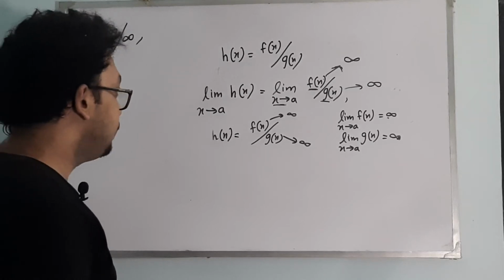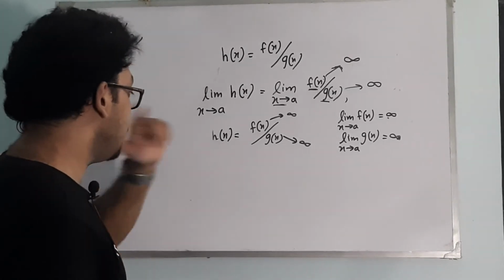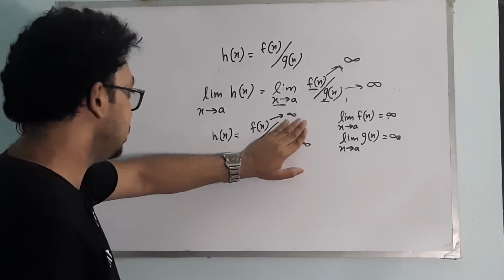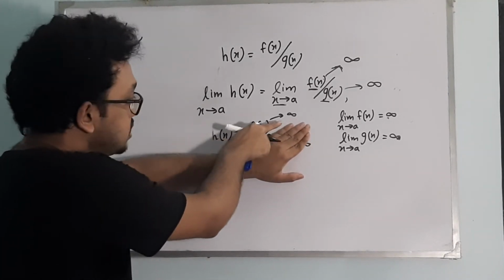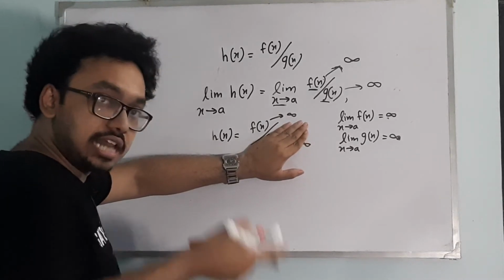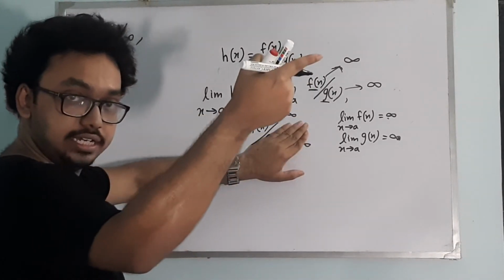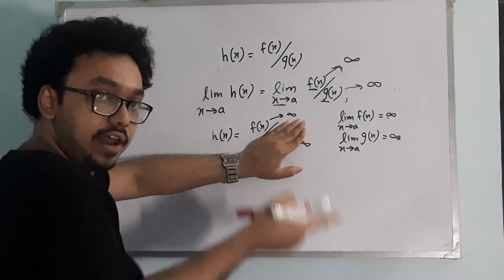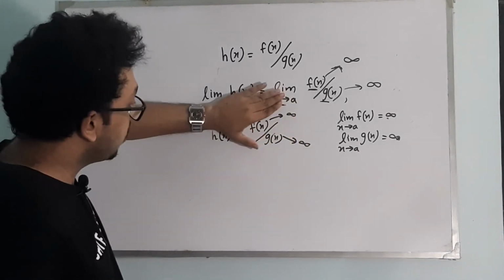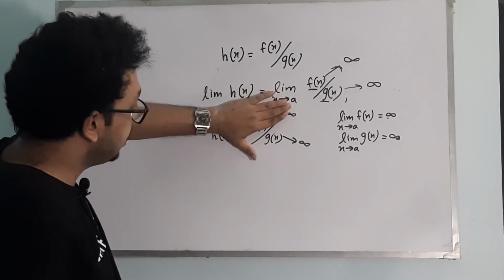For some time forget the denominator of the fraction. If the numerator of a fraction, that is in this case f(x), tends towards infinite, this will try to take the value towards infinite, right? So the numerator here tries to take the value of the fraction towards infinite. Now forget the numerator, look at the denominator.